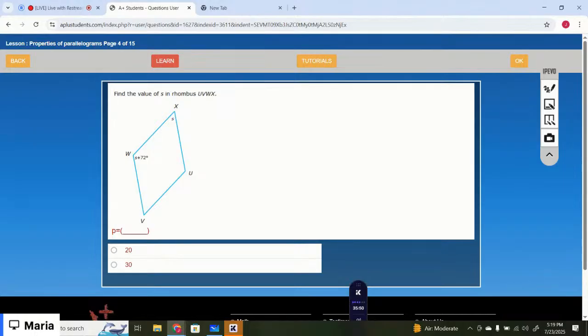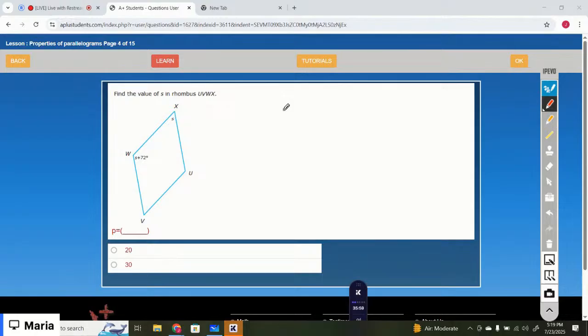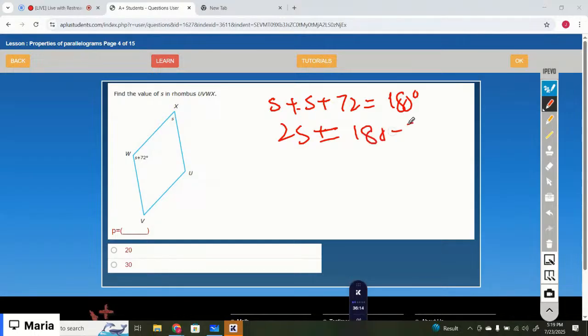Find the value of S in rhombus UVWX. So S plus 72 equals 180 degrees. 2S equals 180 minus 72.